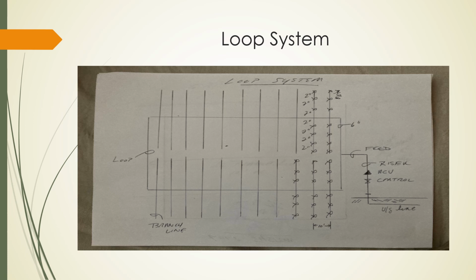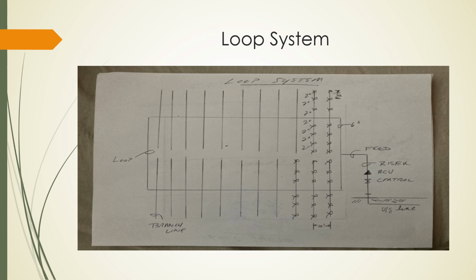If you can imagine, rather than having a cross main with a single feed running to the branches, now we've split the flow, which reduces the overall friction and allows for a more robust system. And we have a loop that also allows for flow in either direction.